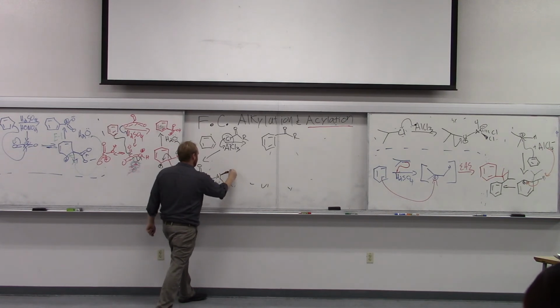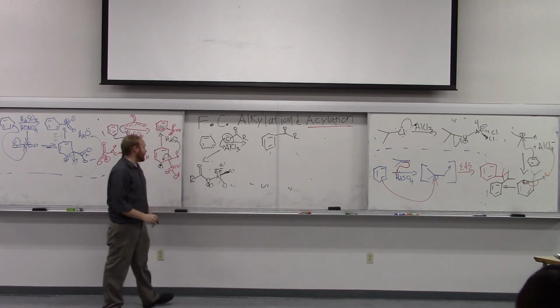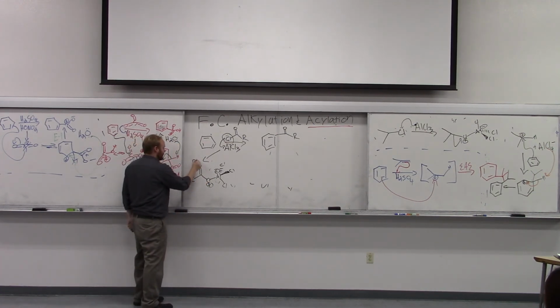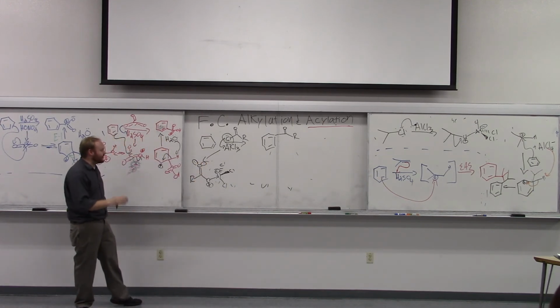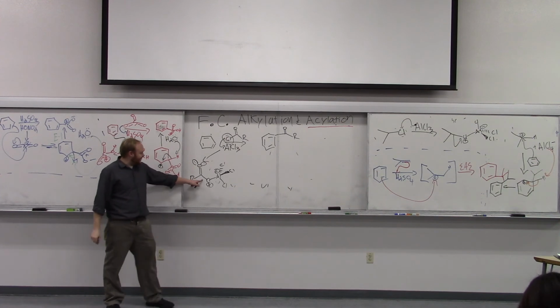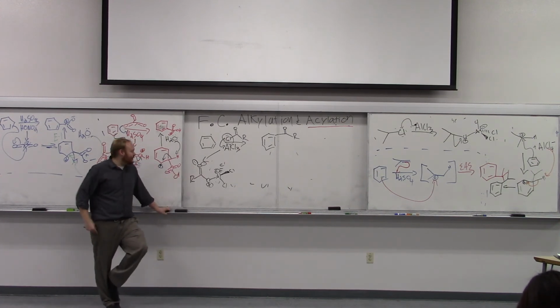Today at least. So we form this anionic aluminum and this positively charged chlorine. Now the major thing that's different between the alkylation and the acylation is that in this case, this oxygen has lone pairs of electrons on it, right? What do you think these lone pairs of electrons are going to do?